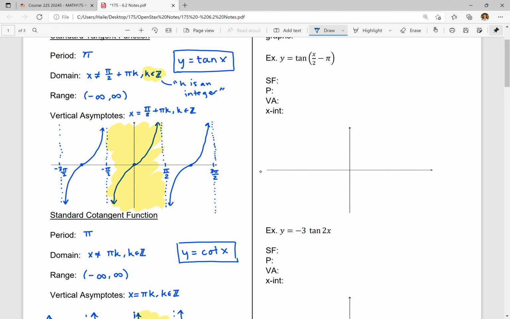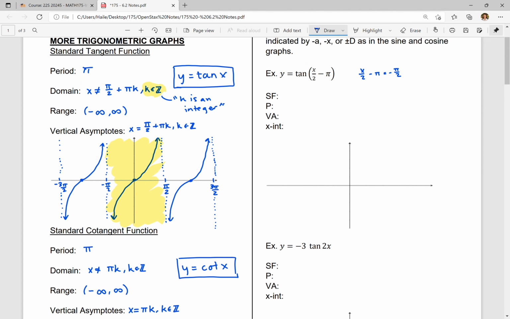So I'm going to say x over 2 minus pi is equal to negative pi over 2, and x over 2 minus pi is equal to positive pi over 2. So the first thing I can do is add pi to both sides. So we have x over 2 is equal to pi over 2, and this means x is equal to pi.